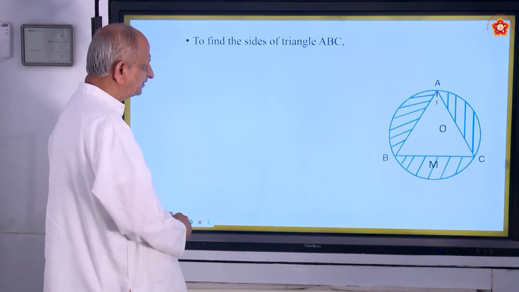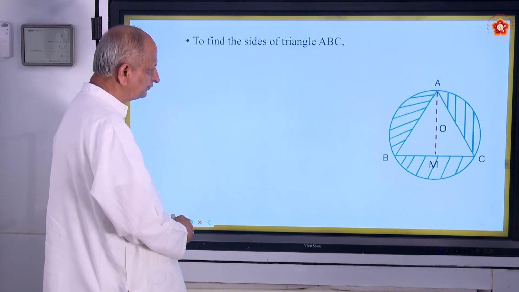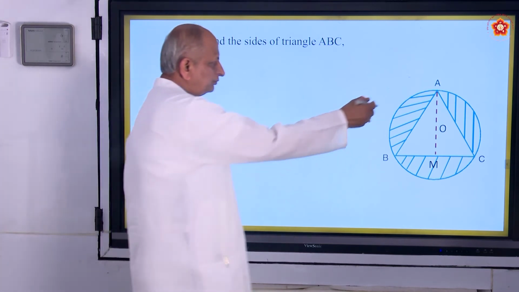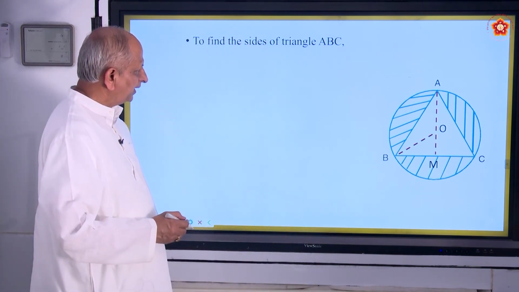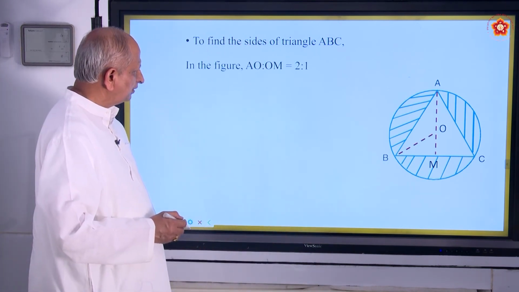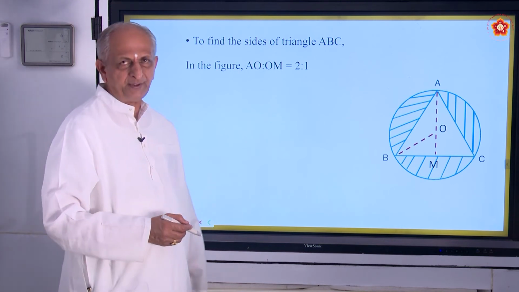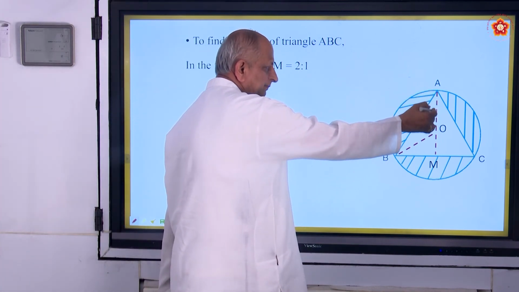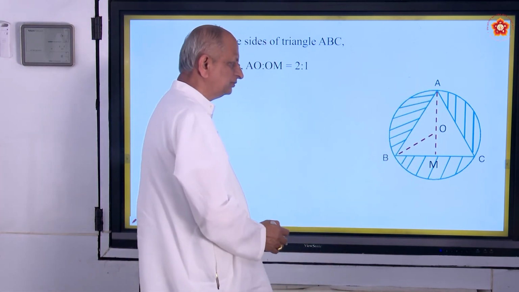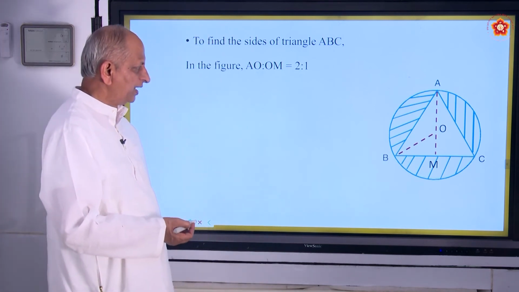To find the sides of the triangle ABC, you draw an altitude, also called a median, and there AO is to OM is equal to 2 is to 1, the property of the median. Here median and altitude are both the same in the case of an equilateral triangle.